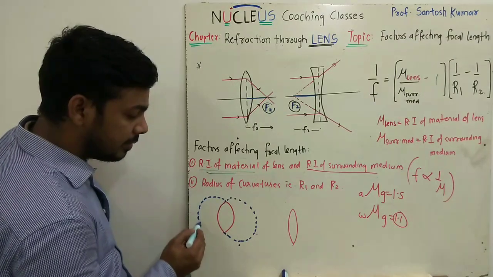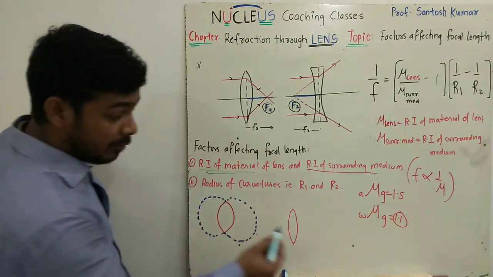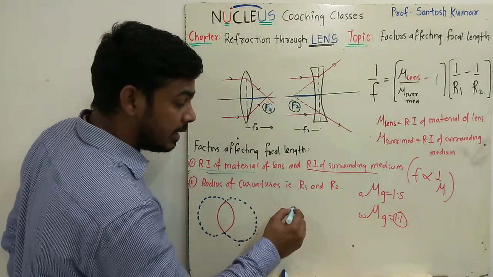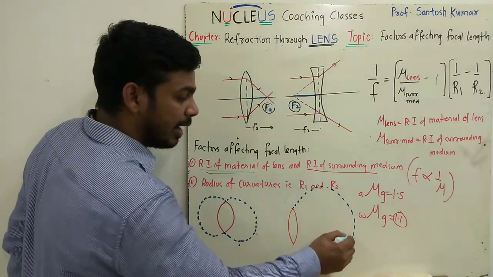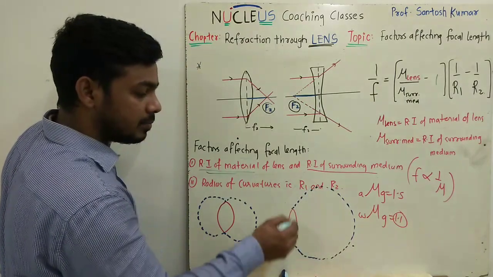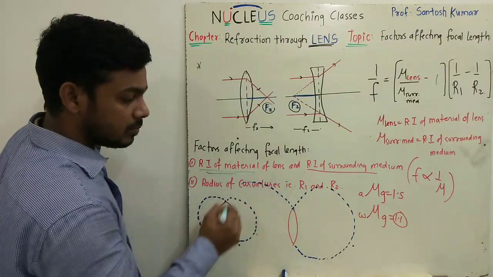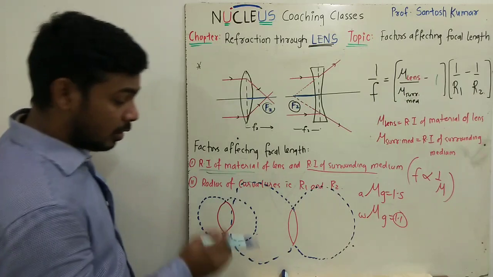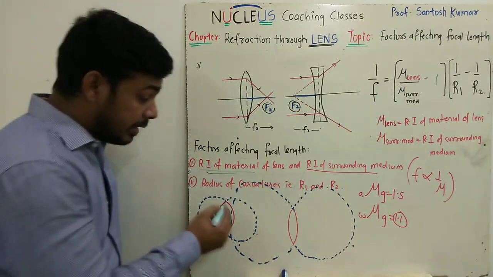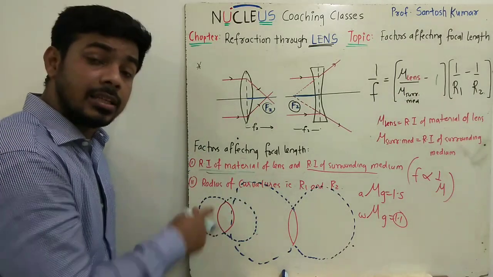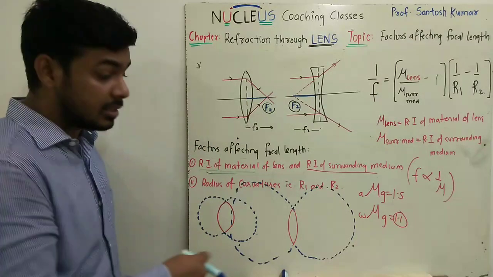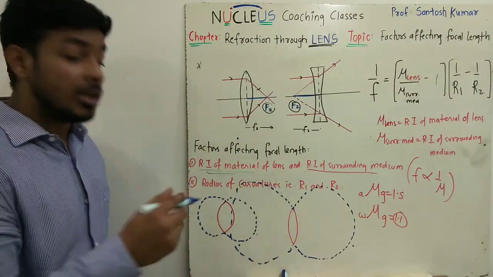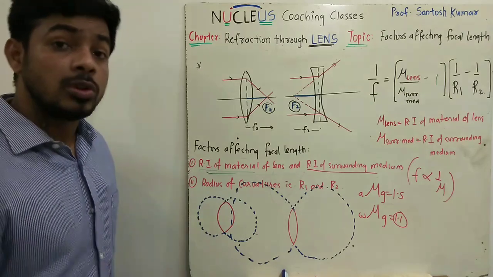You can clearly say that. And a thin lens seems to be part of a bigger sphere. So for a thicker lens, the radius of curvature is less, so the focal length is less. For a thinner lens, the radius of curvature is more, so the focal length is more.